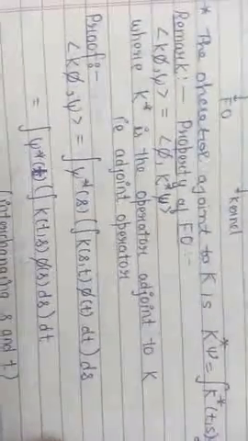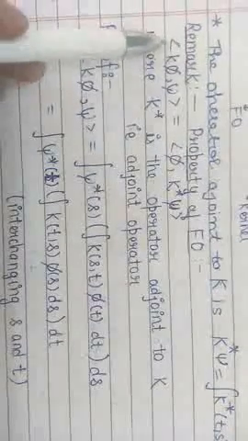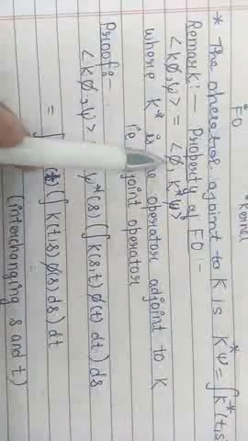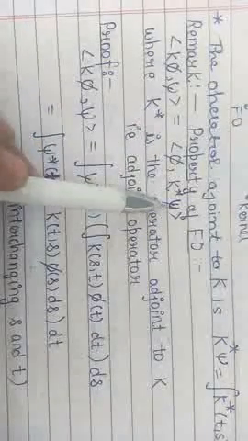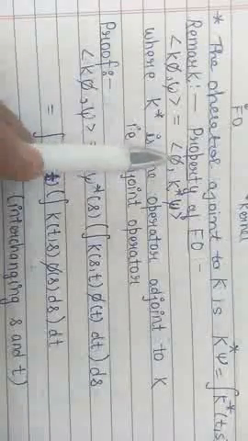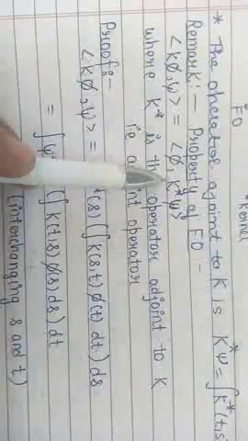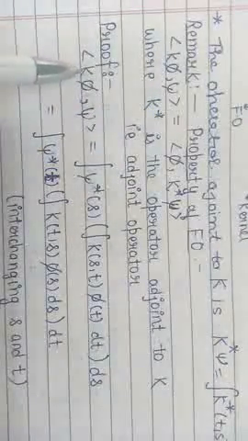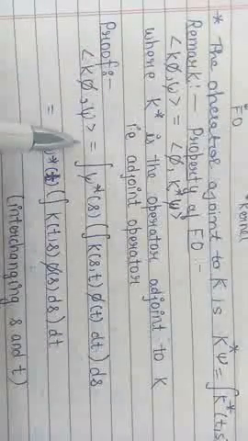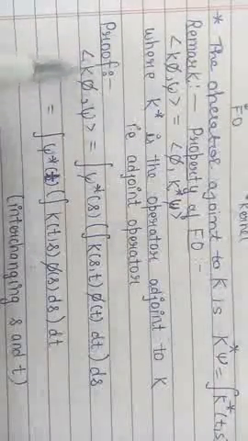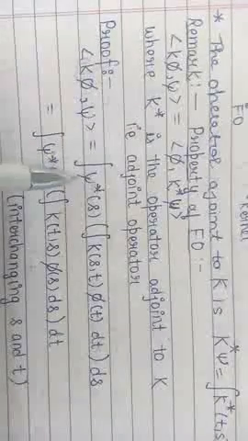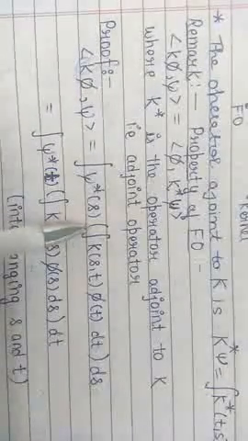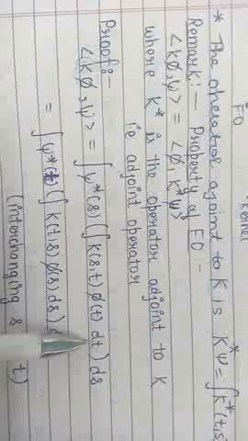Next is a property based on the Fredholm operator. The inner product of K phi with the function psi is equal to the inner product of phi with K star psi. Here K star is the operator adjoint to the Fredholm operator K. Let us prove this property. By definition, the inner product of K phi with psi is equal to the integral of K phi times the conjugate of the function psi. Now by definition, K phi means the integral of K(s,t) phi(t) dt.